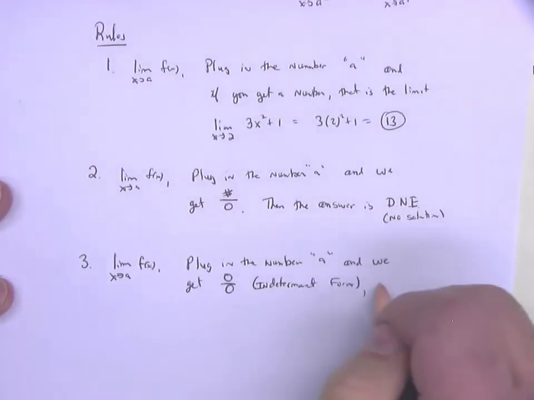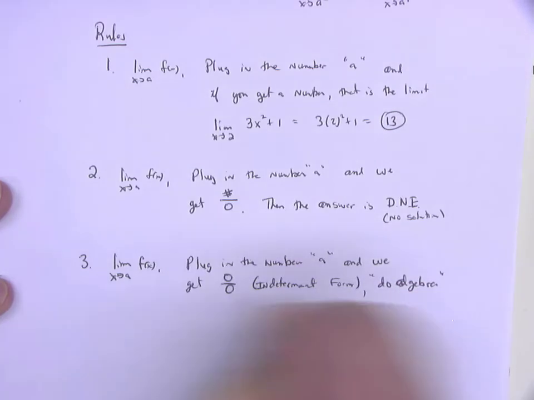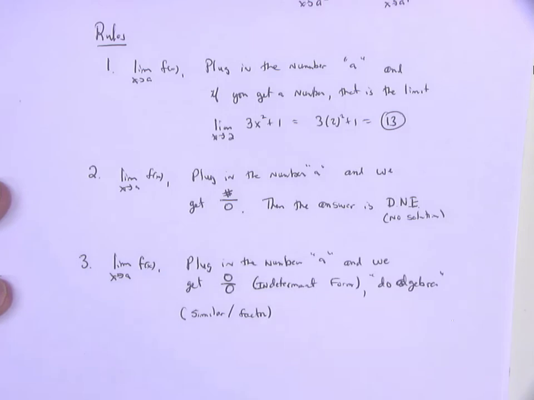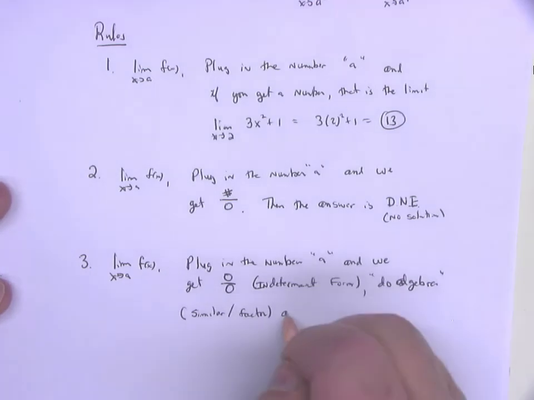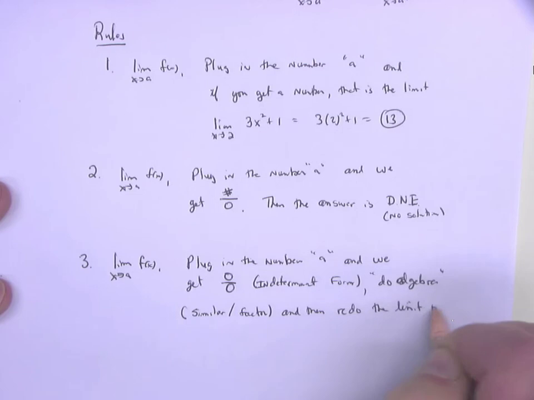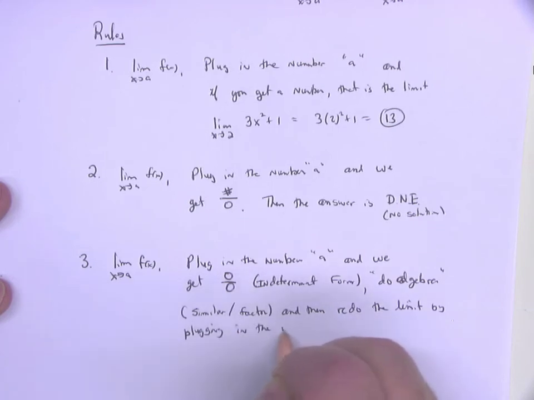You are supposed to do algebra, and what I mean by do algebra is simplify and factor, and then the goal is to try to cancel, and then redo the limit by plugging in the number again.